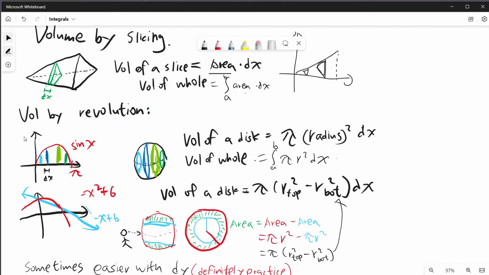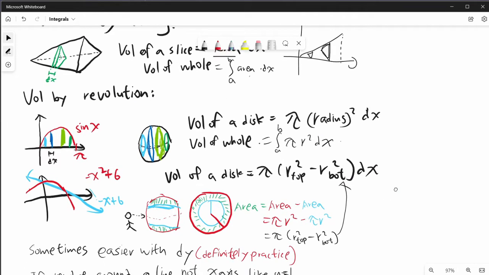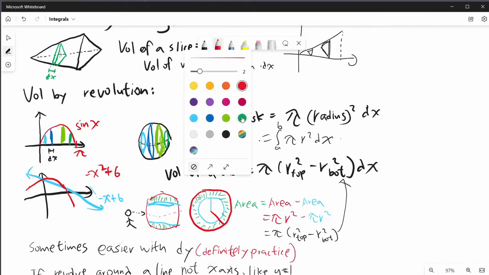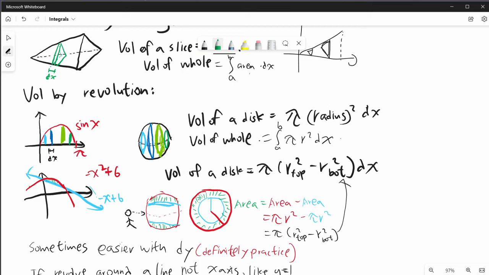Now going beyond that, usually you have a question where you have two lines, and you're asked to revolve this area around the x-axis in this case. It will have a shape like this too.